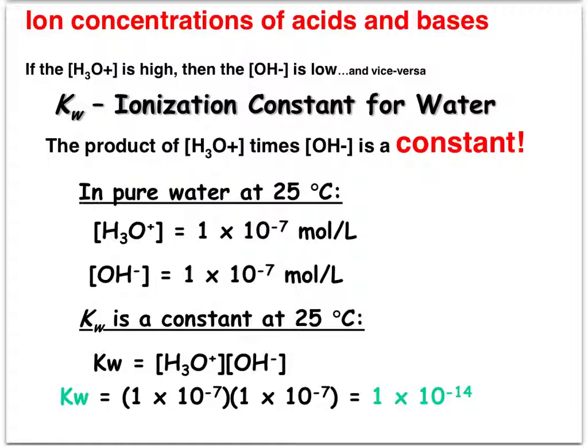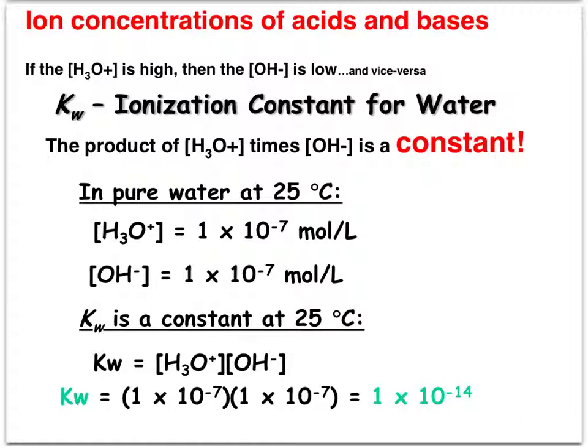Our next calculations involve the ion concentrations. The Kw is the ionization constant for water. It's the product of the hydronium ion concentration and hydroxide ion concentration. In pure water, each of these has the same value because they would be in balance, 1 times 10 to the negative 7 moles per liter, or molarity.